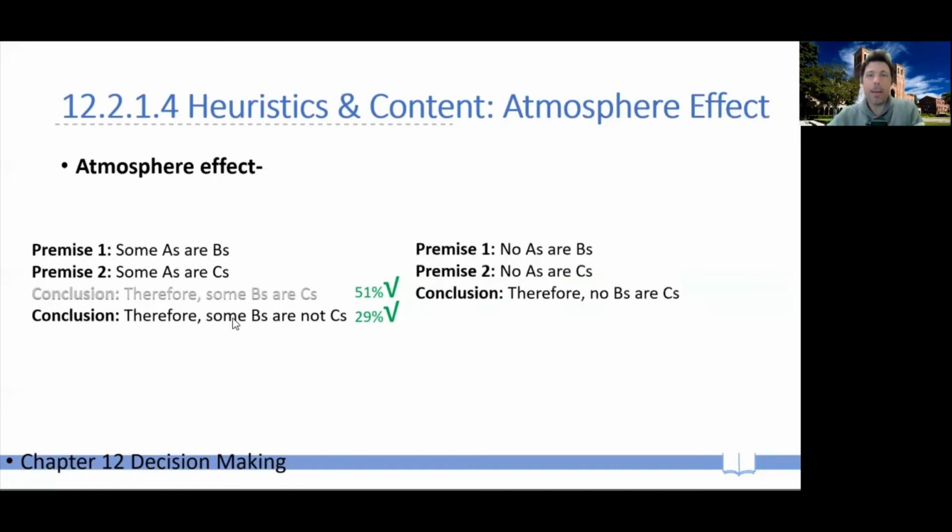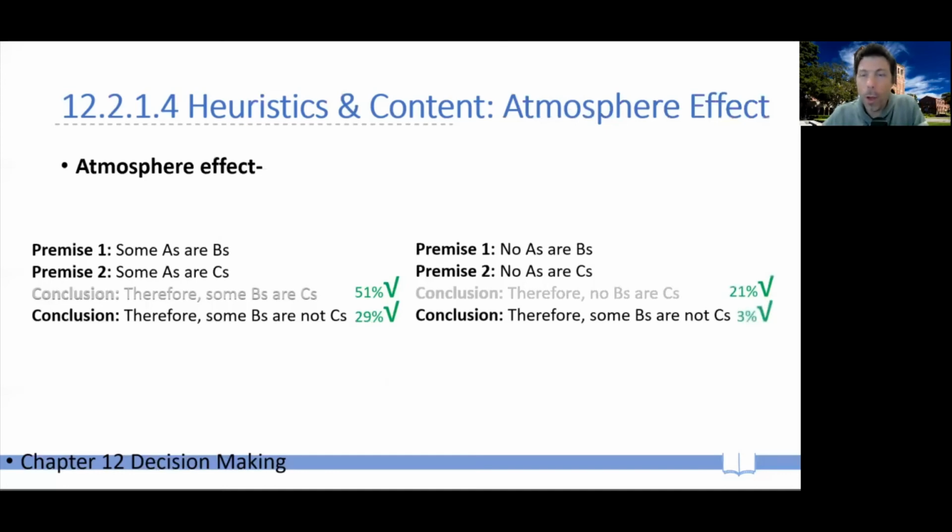Similarly, here's a second example of the same thing. Premise one, no A's are B's, premise two, no A's are C's. Does it follow that no B's are C's? 21% of the time, people accept this as being valid, even though it's invalid. And again, it suffices to change the structure of the conclusion to be some B's are not C's, to make people no longer accept this as valid.